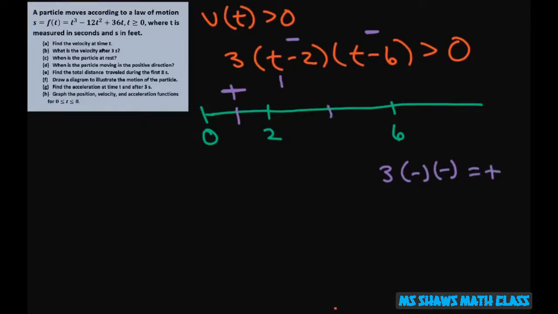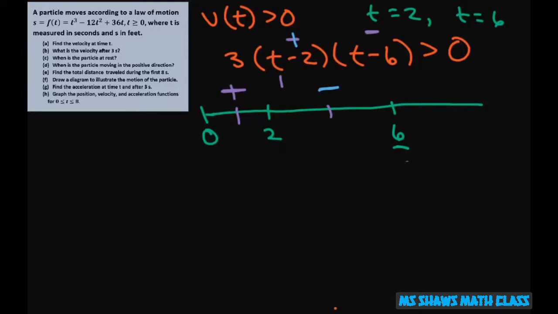Now let's pick any number in between 2 and 6, and see what's going on there. So let's pick 3. So 3 minus 2 is positive, and 3 minus 6 is negative. So positive times a negative is going to be negative. And then let's pick another number. If we plug in 6, we get 0 because that's where it's at rest. Remember, at rest, it's t equals 2 and t equals 6.